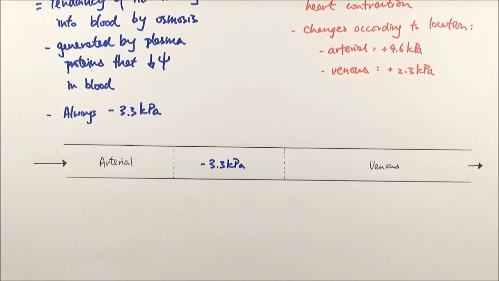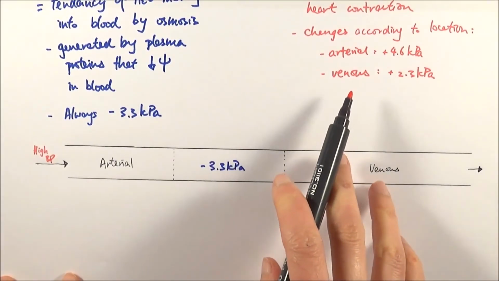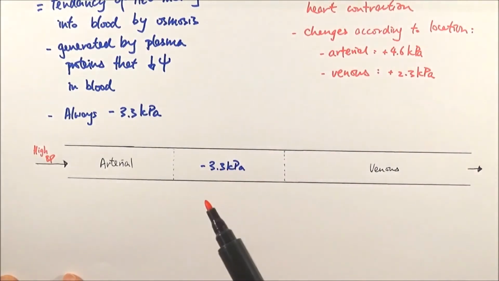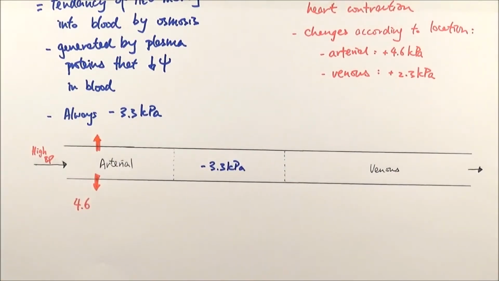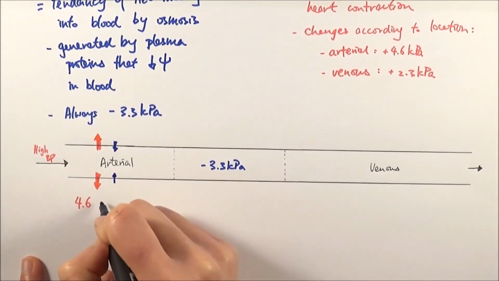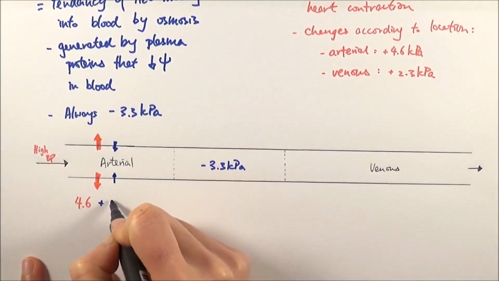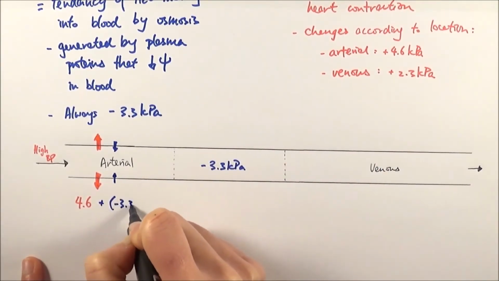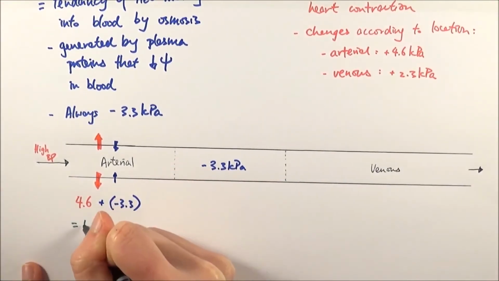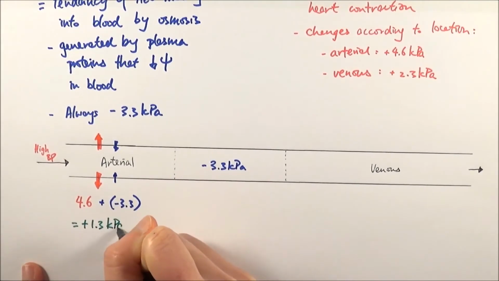First of all, at the arterial end, there is high blood pressure coming in. The hydrostatic pressure is plus 4.6 kilopascal, and as I mentioned, if it's positive, the substances are trying to move out of the blood. At the same time, we have to consider the oncotic pressure, which is always minus 3.3, trying to move in. If you compare the two, 4.6 plus minus 3.3, you get an overall filtration pressure of positive 1.3 kilopascal.